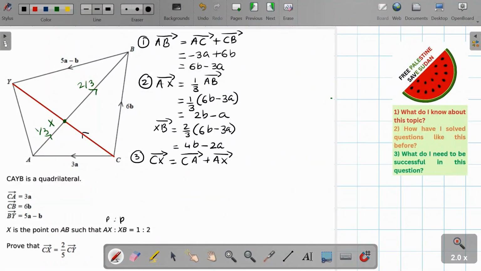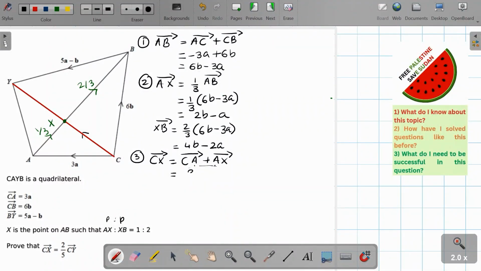CX, the starting point is C, ending point is X. So we have CA, where A is the connecting point, and then can you see the connecting point continues here? So these two letters have to be the same, and C will be the starting point, and X is the ending point. At the start of the journey of the vector and the end, you will have the start point and the ending point. It doesn't have to be two vectors, it could be multiple, as I'm going to show you for the vector CY. But in between, you will have a lot of connecting points.